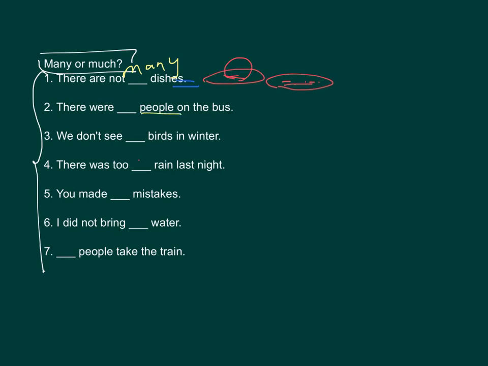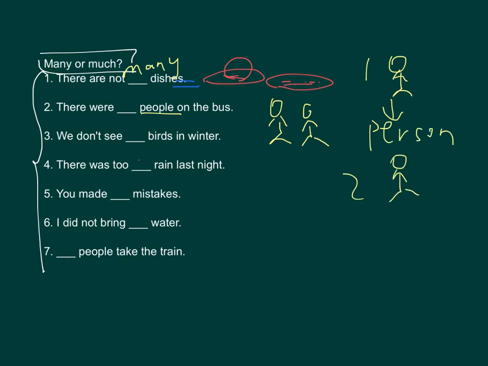People? Yes, why not? One person, two people. Okay, we know that if that one guy, we call him or her person. But if we have two people here, yeah, as I just said, it's people. Okay? So we can count number of guys there, and of course we can use many.